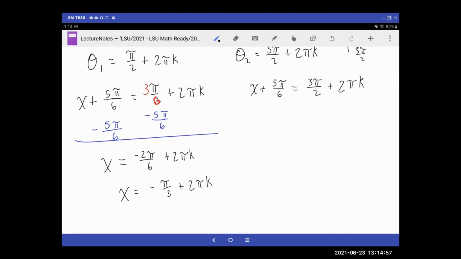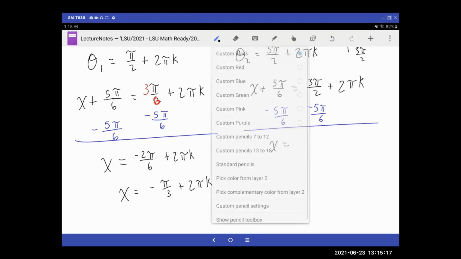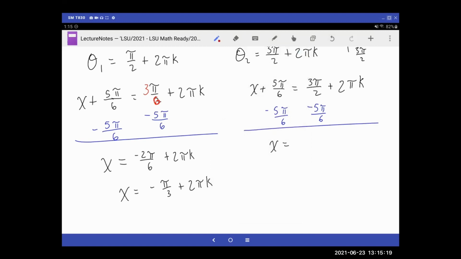Notice it did not affect the rotation because you're subtracting it, right? If you were multiplying or dividing, then it would. Okay, same thing here. I still need the denominator to be the same, so I'll multiply the top and the bottom by 3.